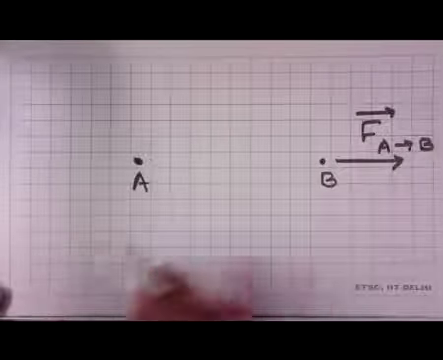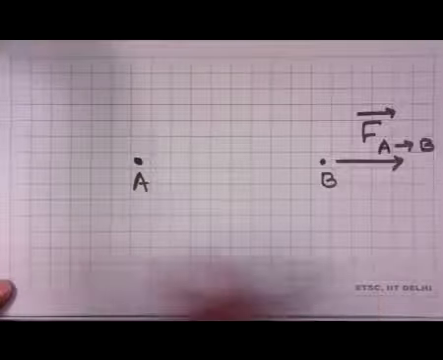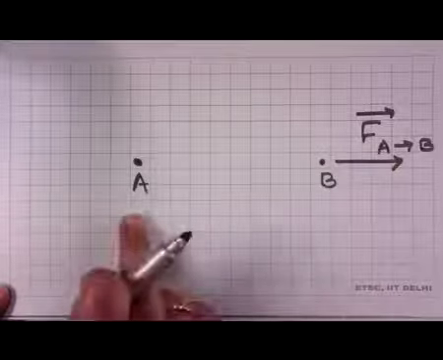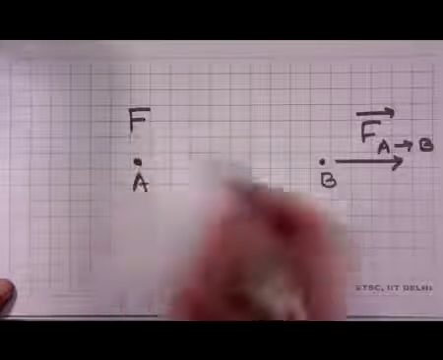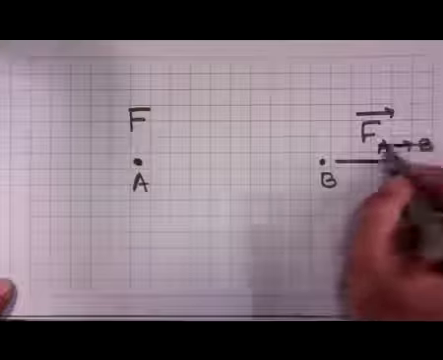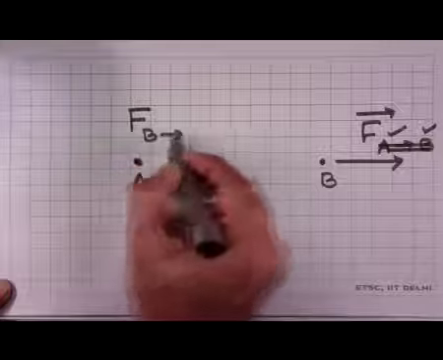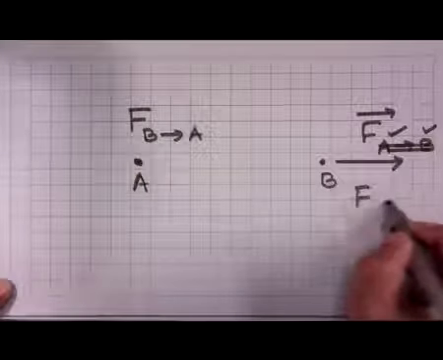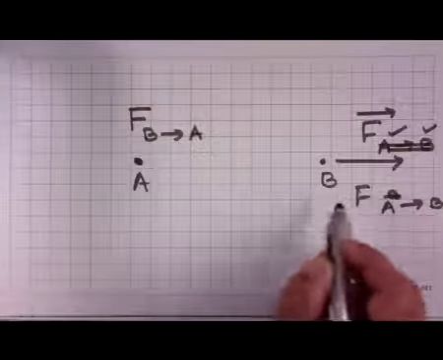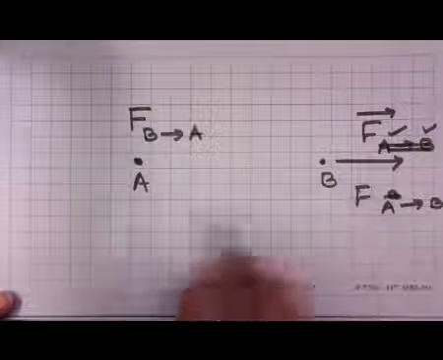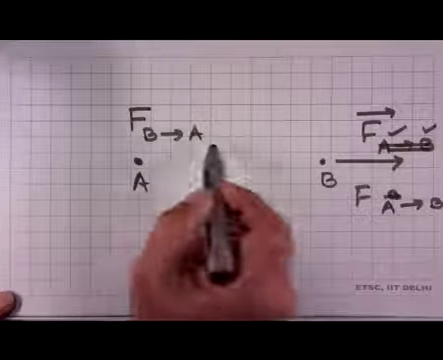Now, let us say that I do not look at B, but I look at A, and I ask what might be the force acted upon by B on A. I can ask such a question. Here it is F B acting on A, and here it is F A acting on B. So, what am I saying? The change of momentum of B is because of the action of A, the change of momentum of A is because of the action of B on A.